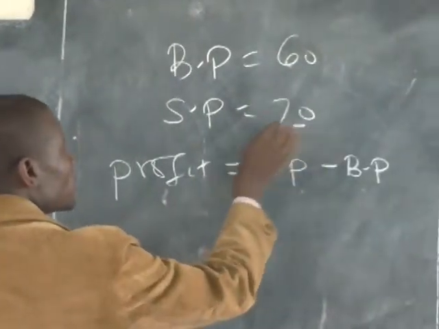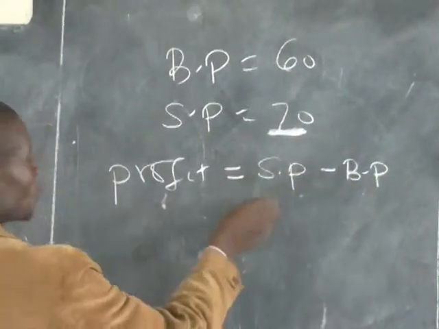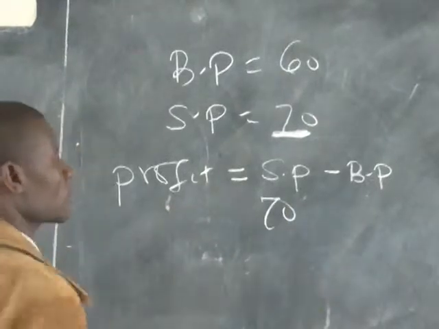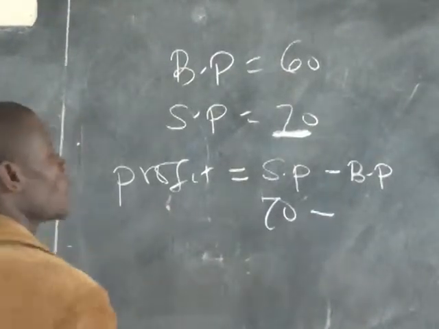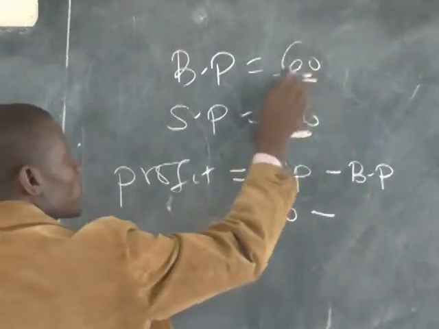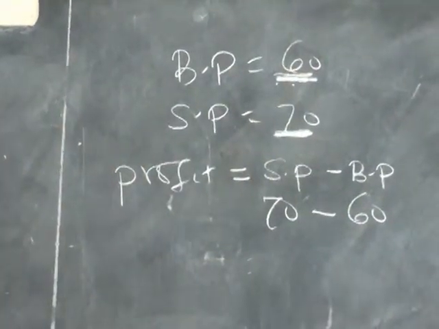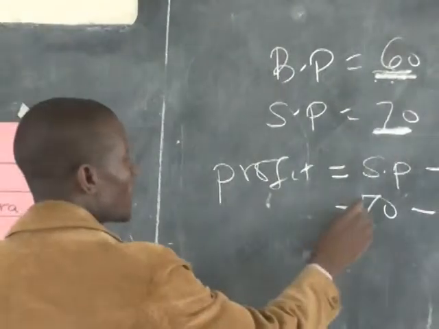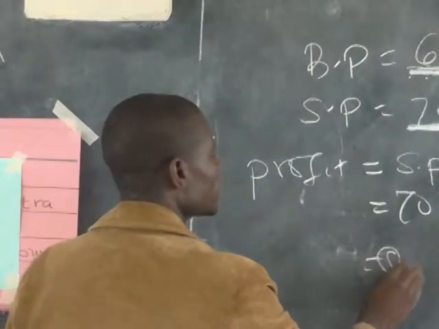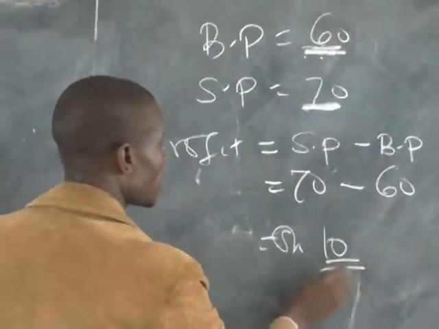So the selling price in this case will be 70 shillings. Then we take away the buying price, which is now 60 shillings. So as you saw in our second example, the profit made by this trader was only 10 shillings.